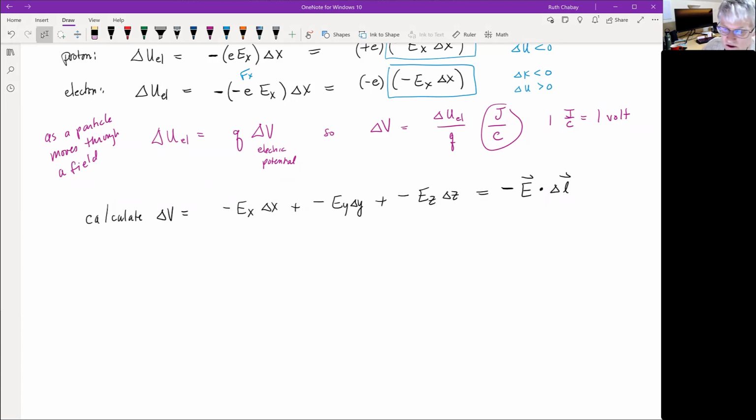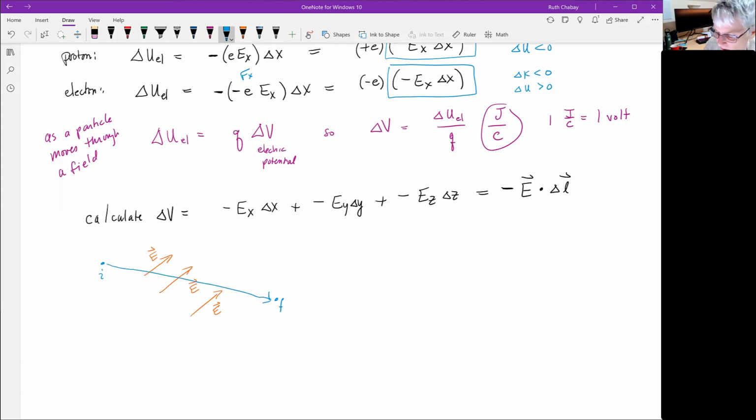Suppose we have a situation where in some region we have an electric field like that, and some particle takes a path starting here at some initial location I and going to some final location F. And so our path actually ran like that.